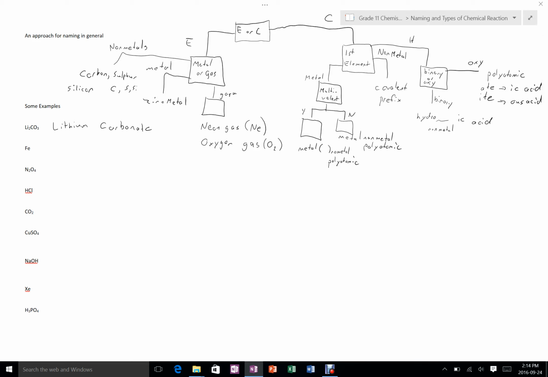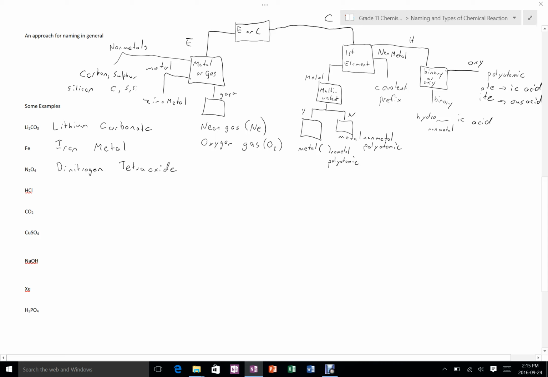He's a metal. That's iron metal. N2O4, that's a compound. The first element is a nonmetal, which means we're using our prefix system. Dinitrogen tetraoxide.